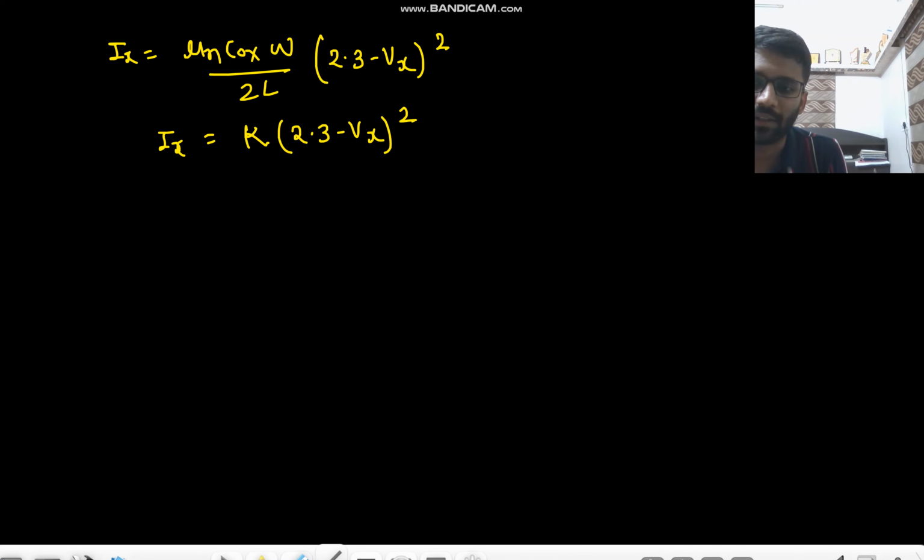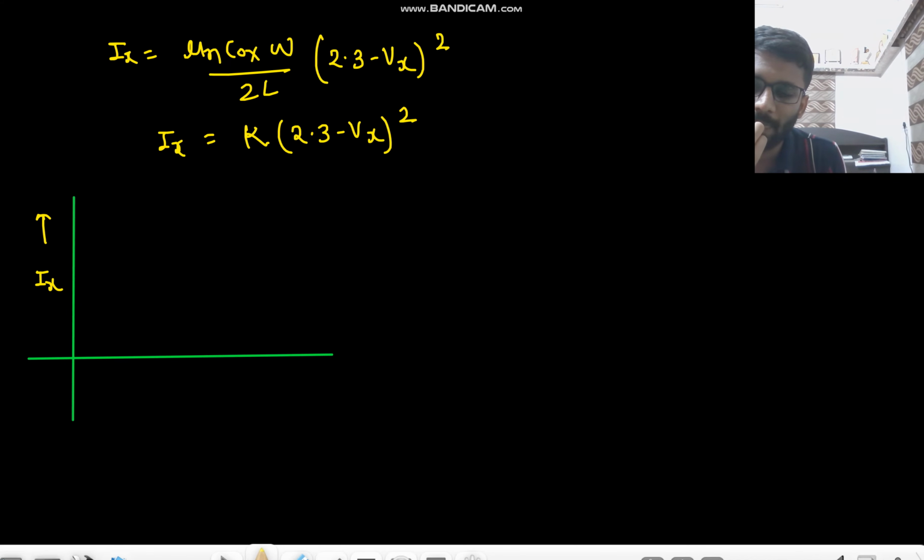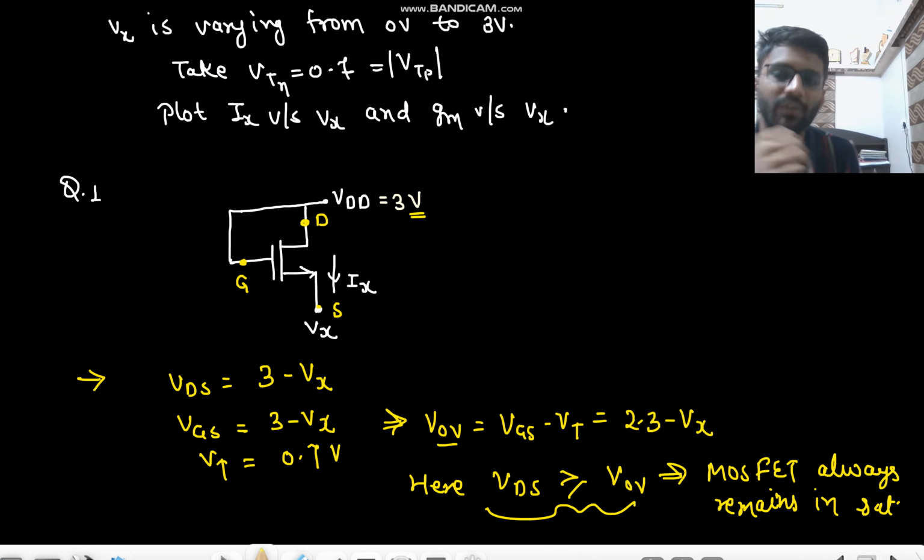Let us draw it here. You are plotting Ix versus Vx. One more thing you will see, when Vx is greater than 2.3 volt.